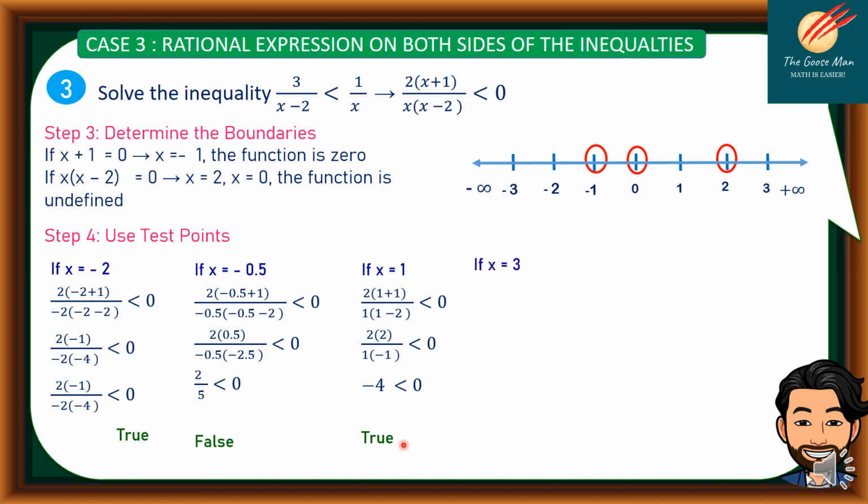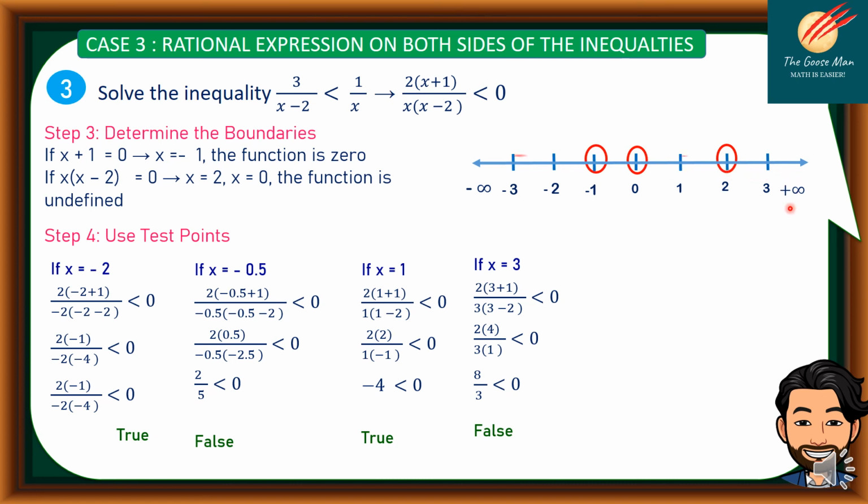On the other hand, if x is equal to 3, I'll go beyond positive 2, going to positive infinity. So this expression will result to 2 times 4 all over 3 times 1 is less than 0. So this is actually false. So again, this region is true. So this is included, this is not included, this is included, and this is not included.